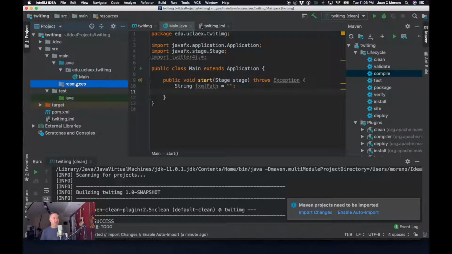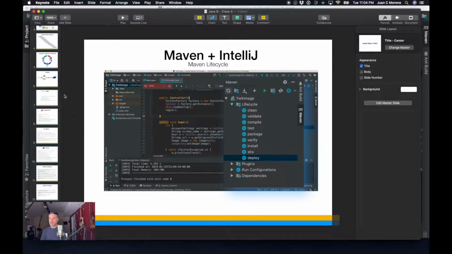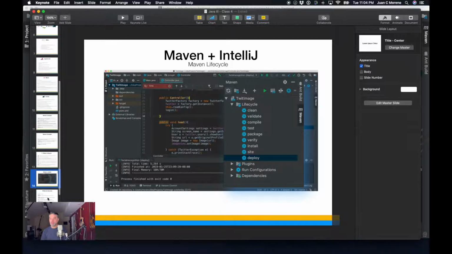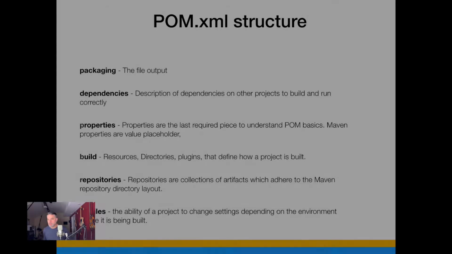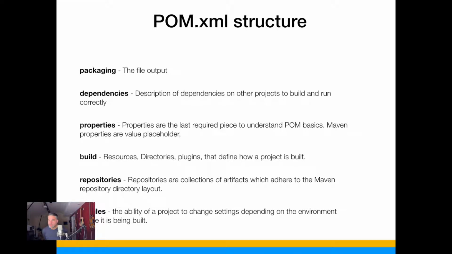It's probably a good time to segue into this. Inside of the POM file, we have these following top level XML structures. We have our packaging, which you can define how the file is going to be packaged and outputted.